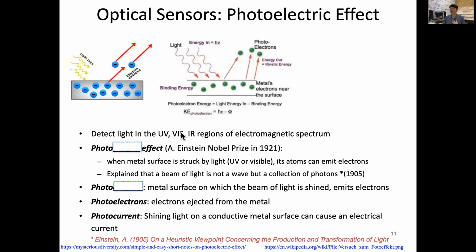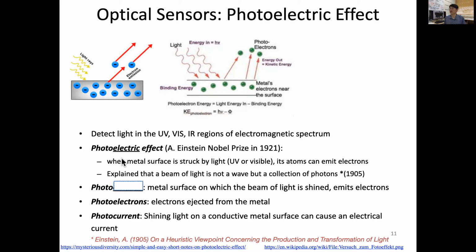So why are we talking about this in optical sensors? Because we use this a lot for detecting light in the UV, visible, or infrared regions of the electromagnetic spectrum. When the metal surface is struck by light, its atoms can emit an electron, which is called a photoelectron.